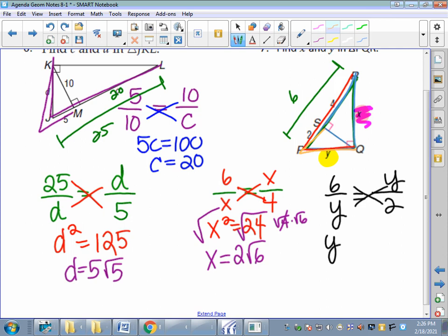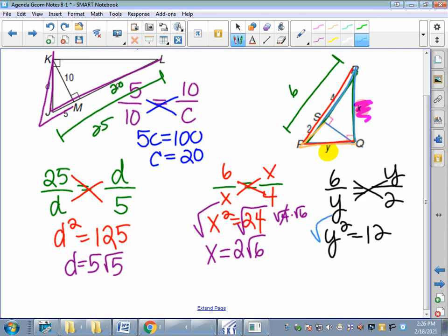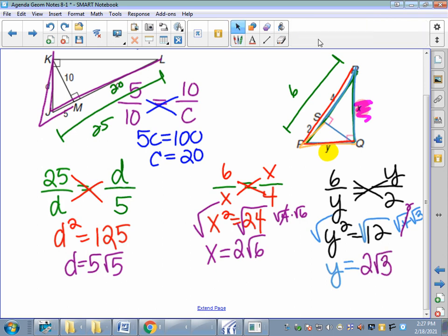So y squared equals 12. Square root those. So y is going to be exactly equal to, what would that be? 4 times 3. 4 is a perfect square. So 2 square roots of 3. If I went to a rounded answer, that would probably be 3 point something, 5 or something like that.